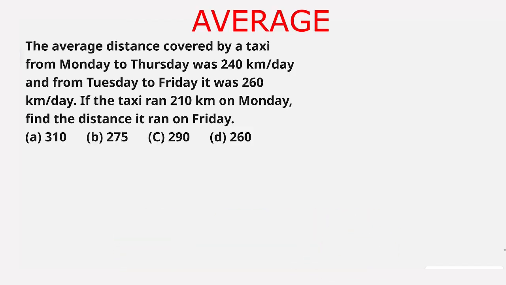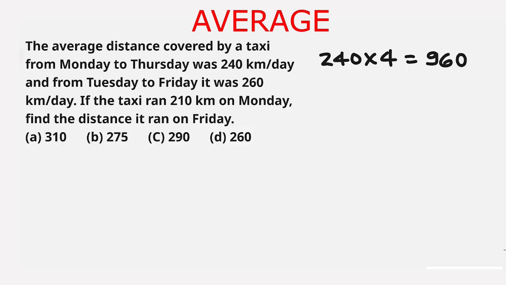The total distance covered by the taxi from Monday to Thursday is 240 multiplied by 4, as Monday to Thursday there are 4 days. This is equal to 960 km.